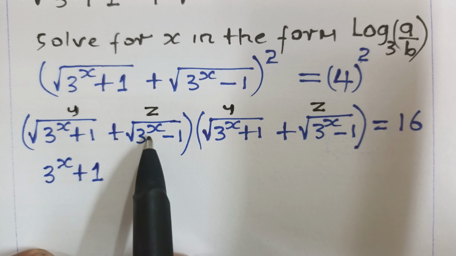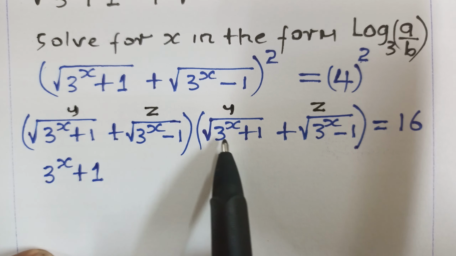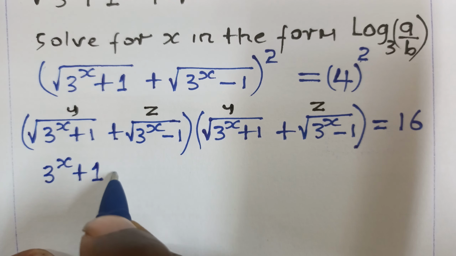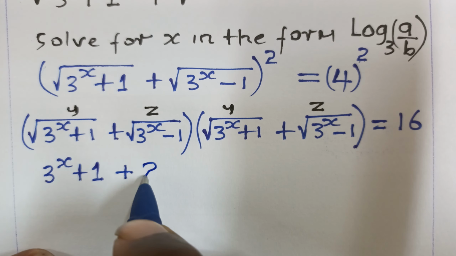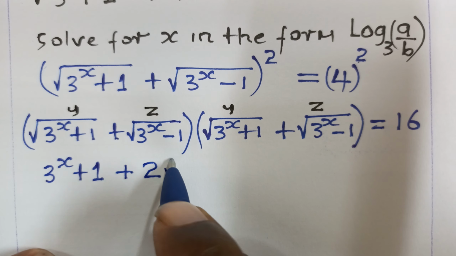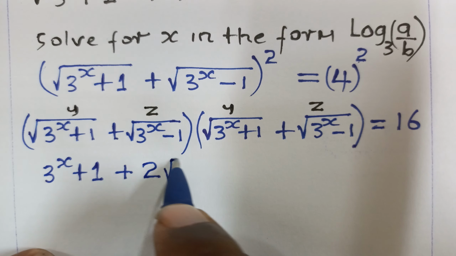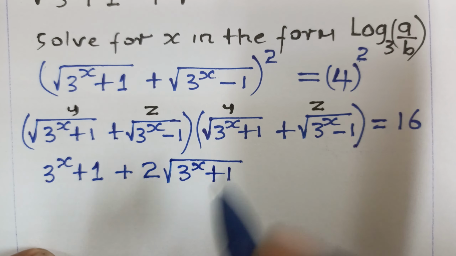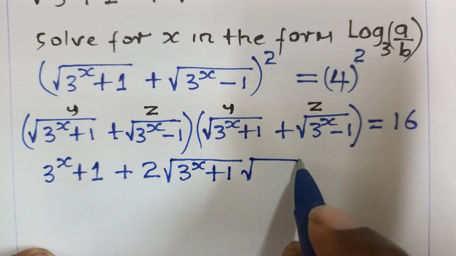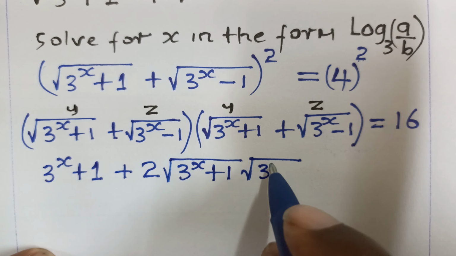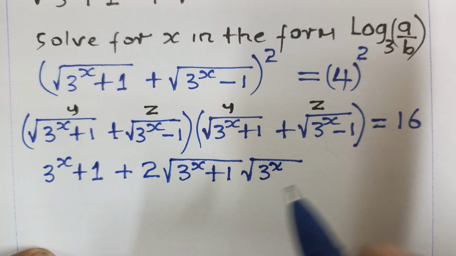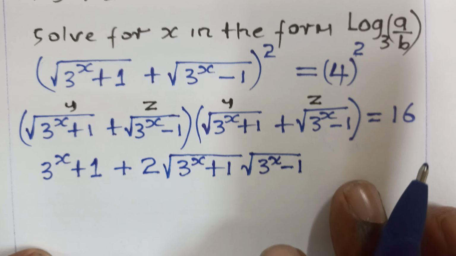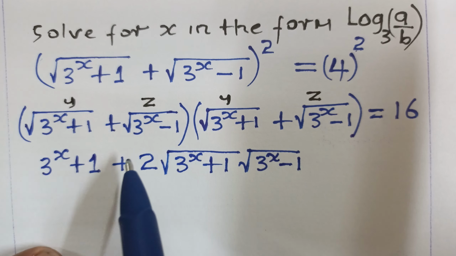Again, I multiply z by y, and you shall have another zy, which is the same as writing plus 2yz, which is the square root of 3^x plus 1 multiplied by the square root of 3^x minus 1. I hope that is understandable, and I repeat it again.